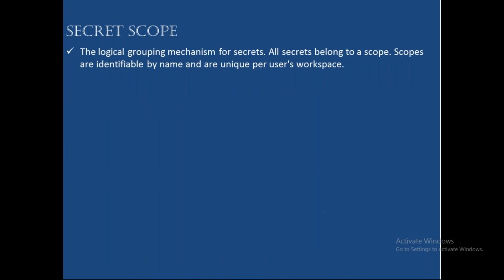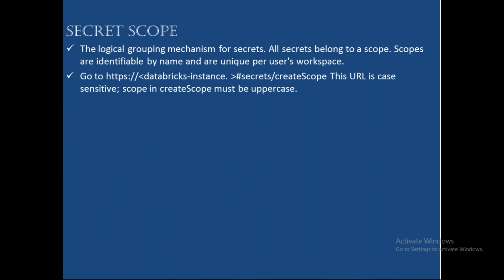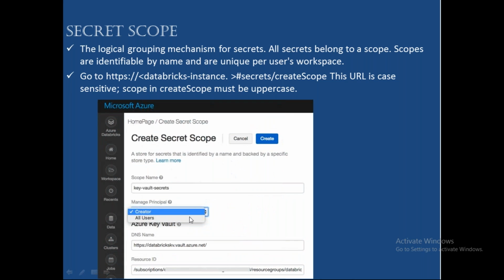Okay, now the secret scope. Once you create a secret scope, you are able to access all the secrets in the Key Vault. To create a secret scope, the URL is the Databricks instance URL followed by #secrets/createScope. You need to form this URL and browse to it. When you browse it, you can see the form below. In this form, you need to give the scope name.